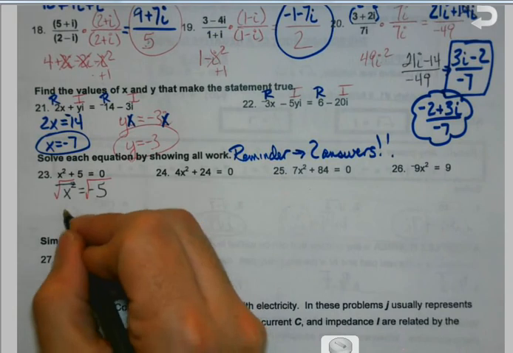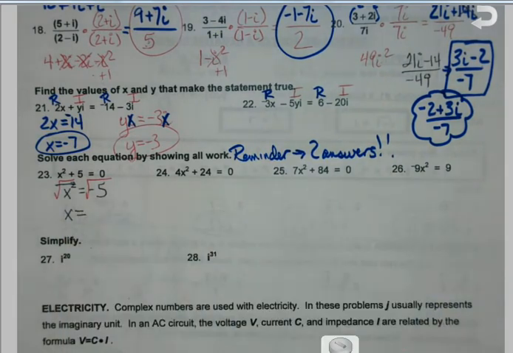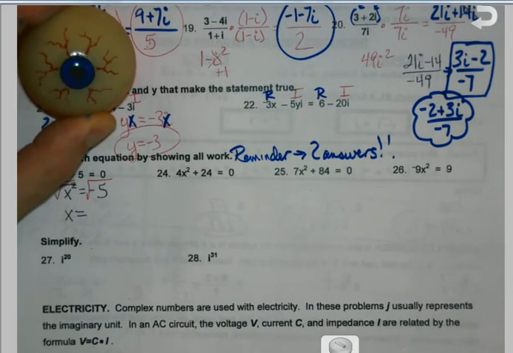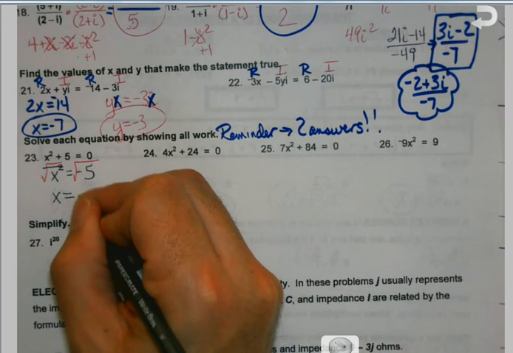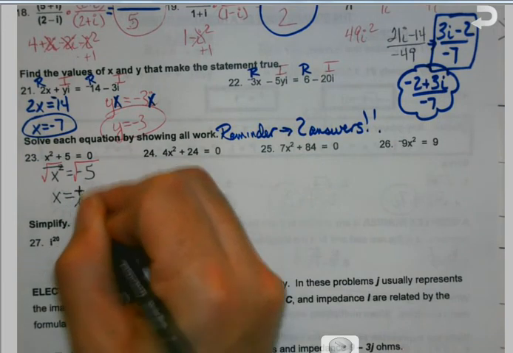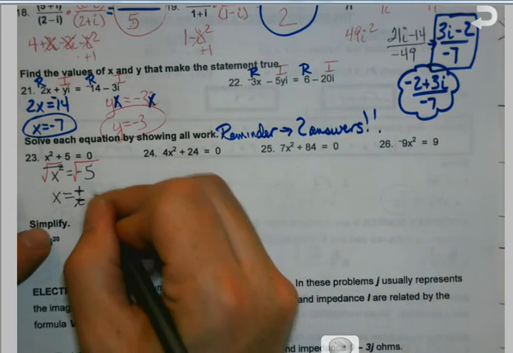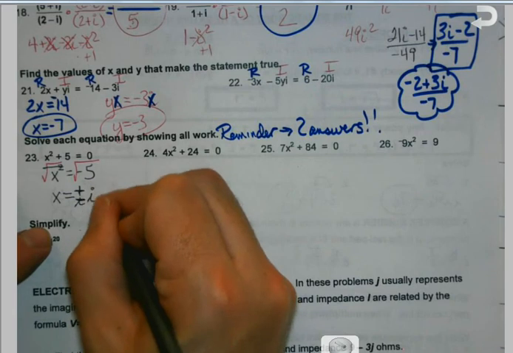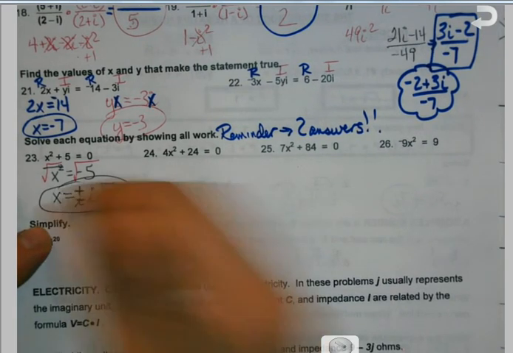So those wipe. Pull an i out, along with my plus and minus, because I'm not forgetting there's two answers. Plus and minus i square root of 5.